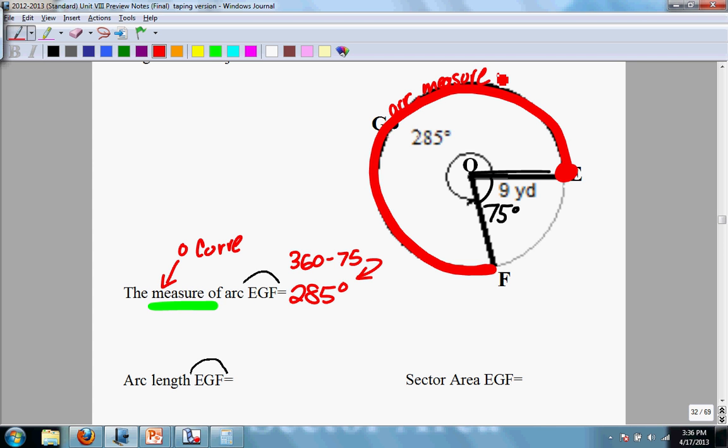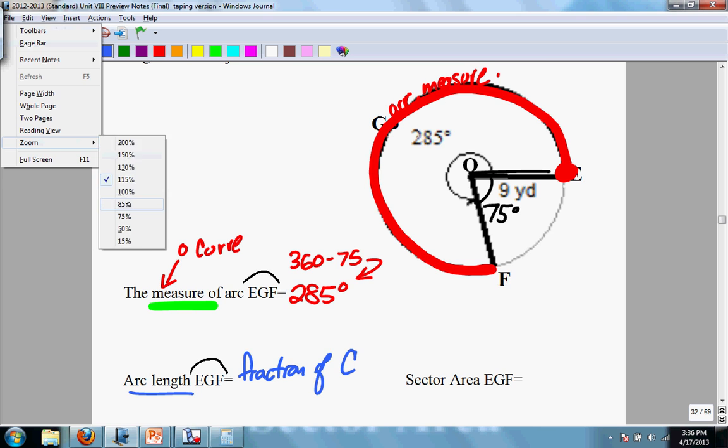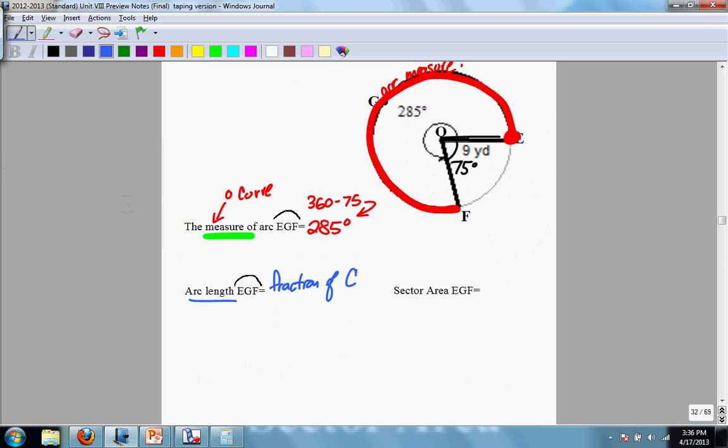Now, arc length is simply a fraction of the circumference. So what we do there, our fraction is a part, theta over 360, times the circumference, which is d pi.